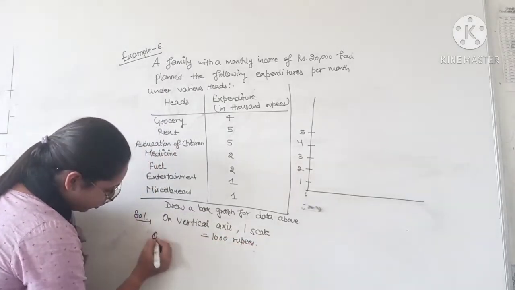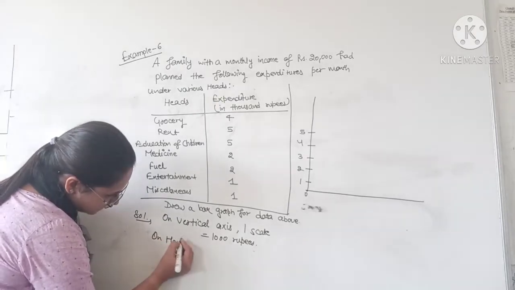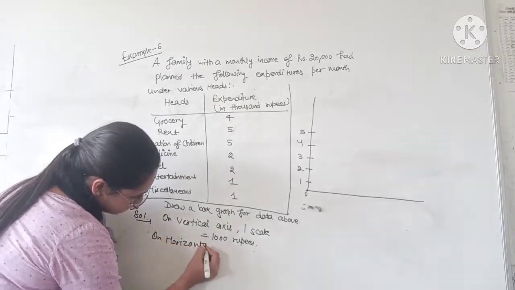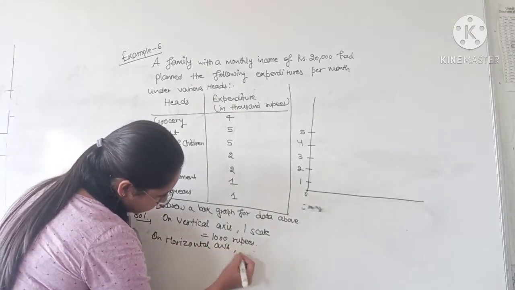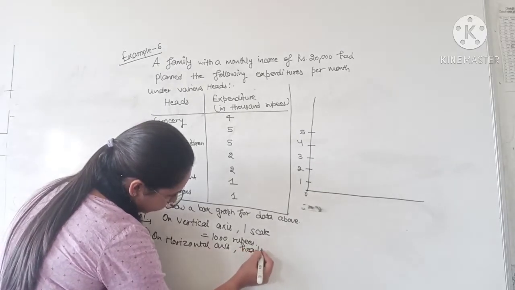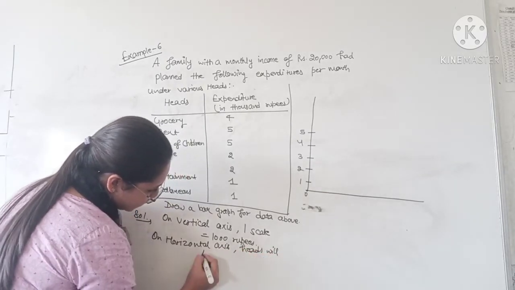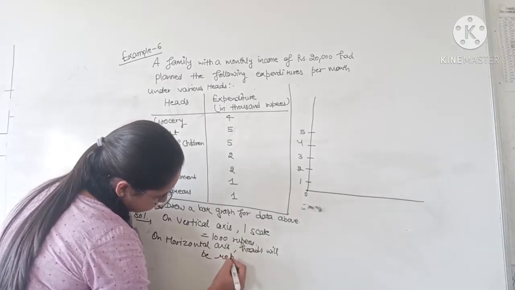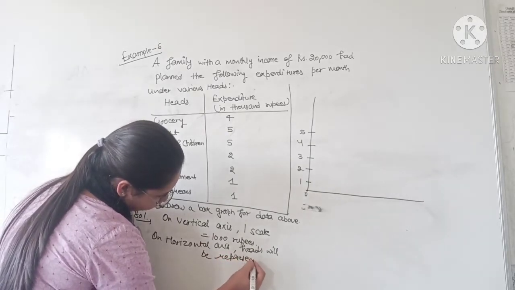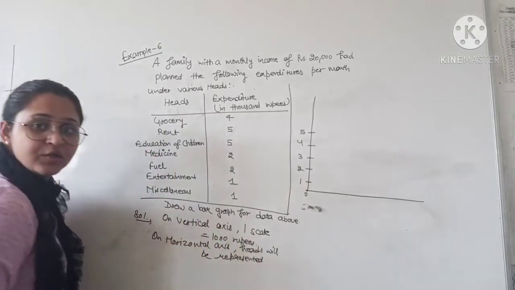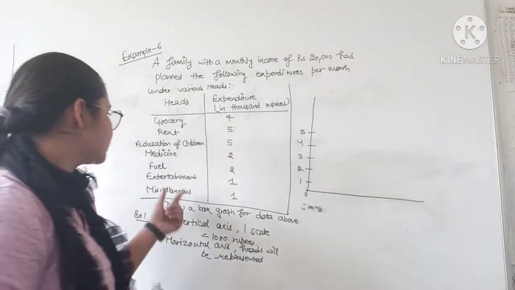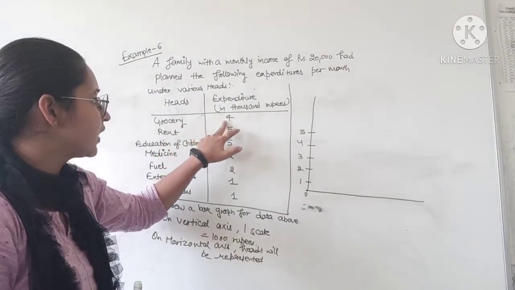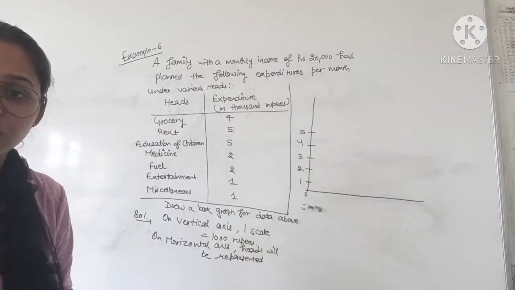Now on the horizontal axis, heads will be represented. The first point is 4,000.